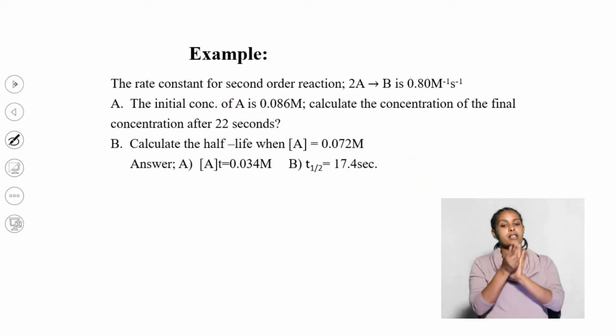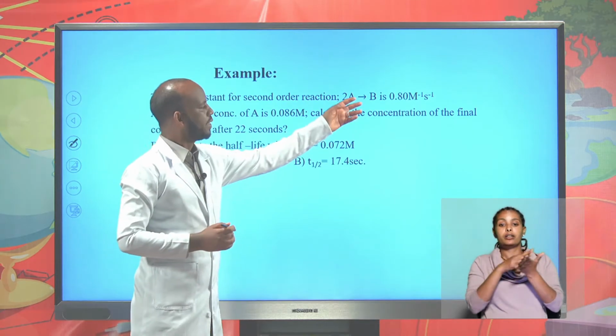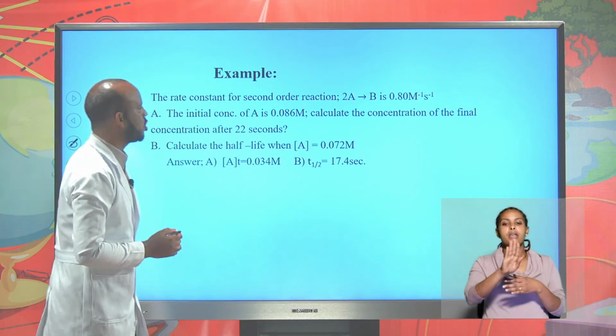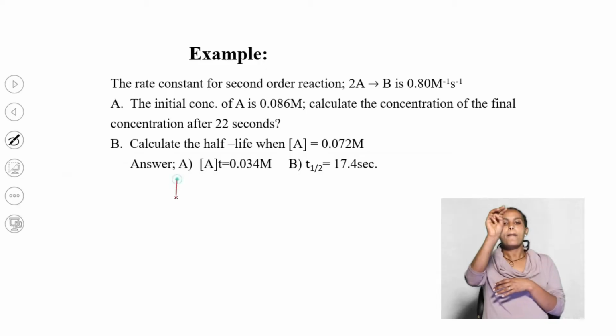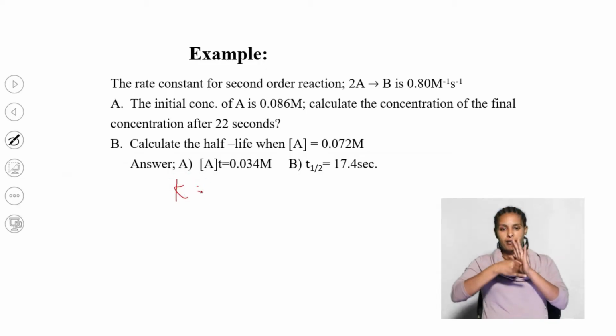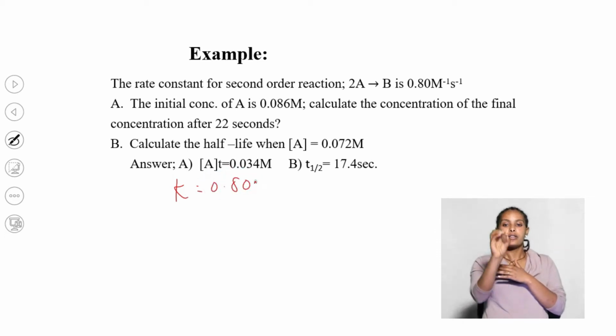For example, the rate constant for a second order reaction is 0.80 per molar per second.